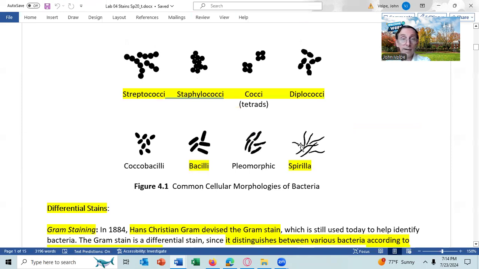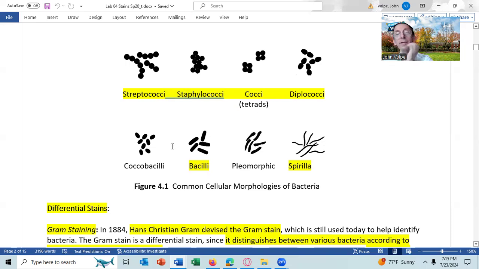When we look at cells, we can see different growth arrangements like streptococci, staphylococci, tetrads, diplococci, and what am I missing here? Sarcinae, 8 cells stuck together. And streptococci is right there.